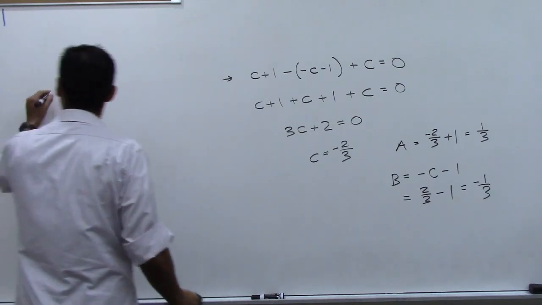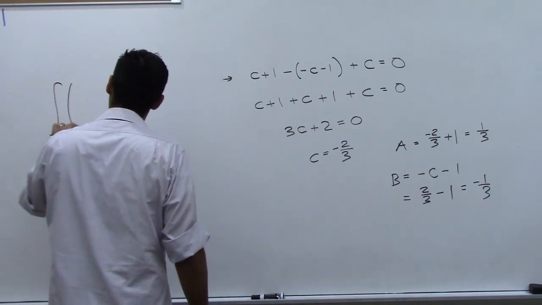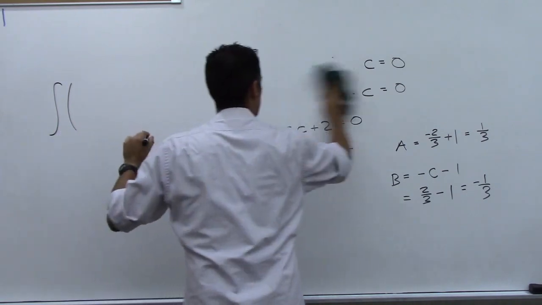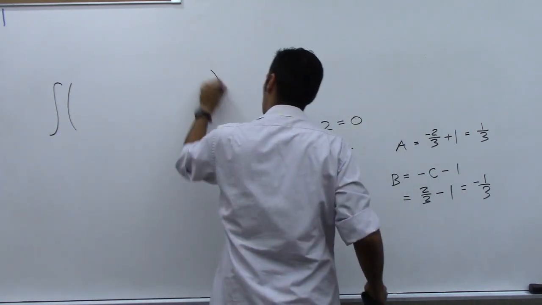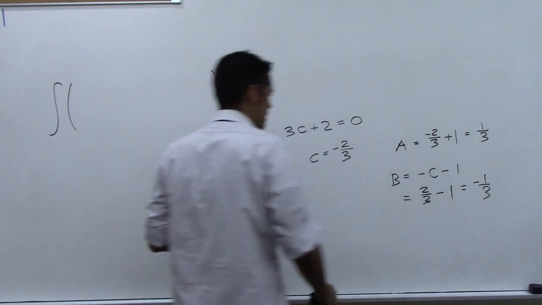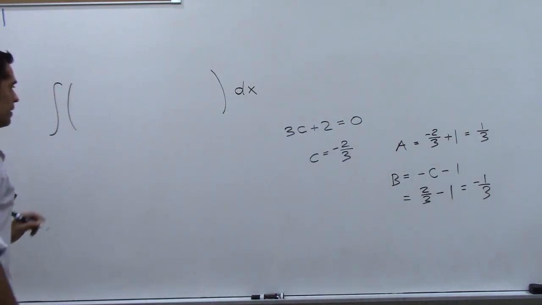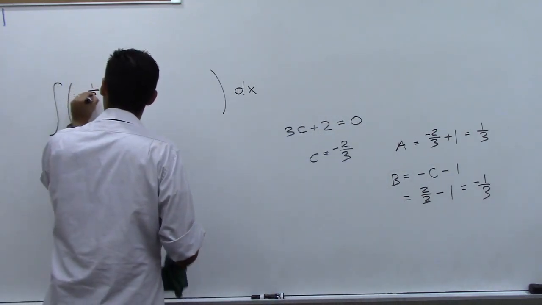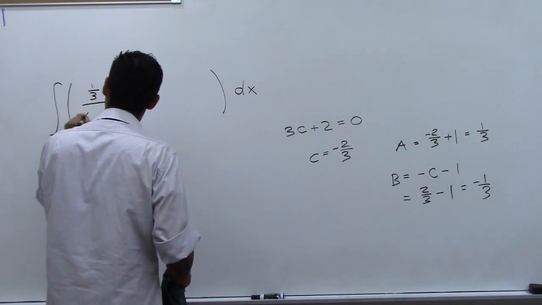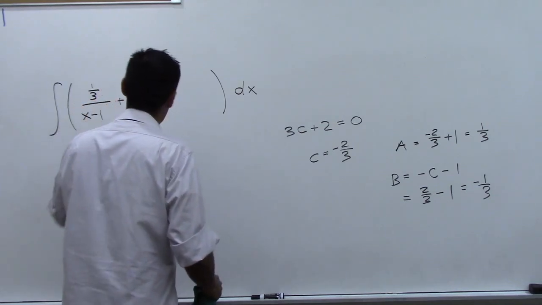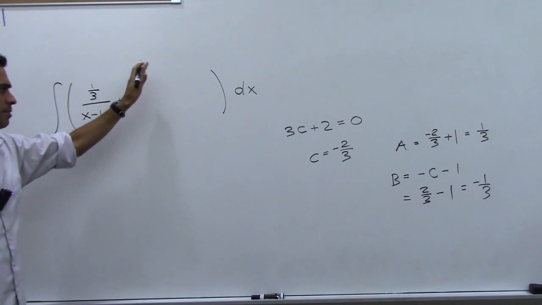The integral will be equal to, let's see here, we've got a over our distinct linear factor. So 1/3 over our distinct linear factor, which was x minus 1, plus bx plus c.